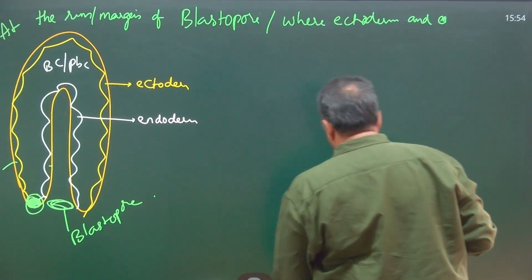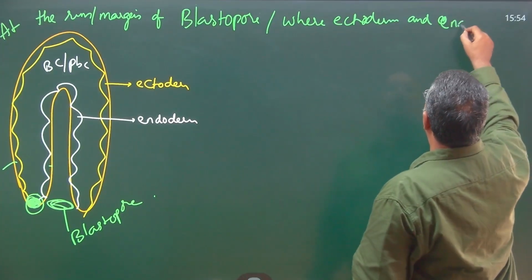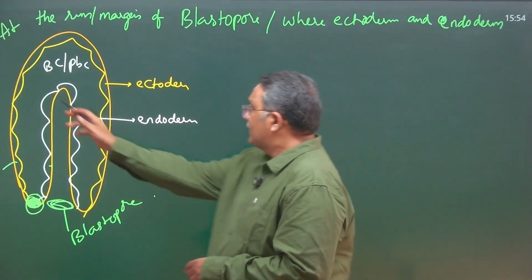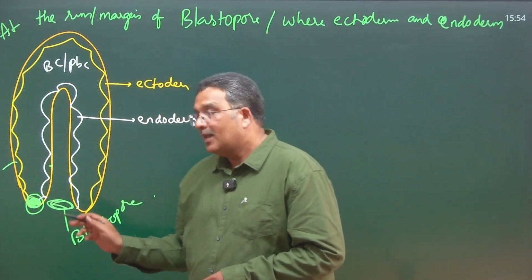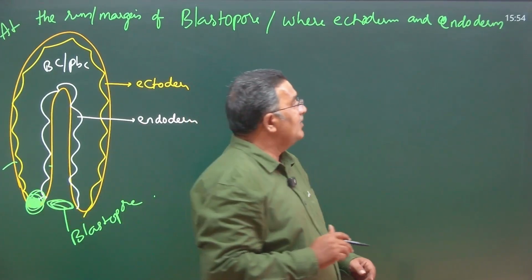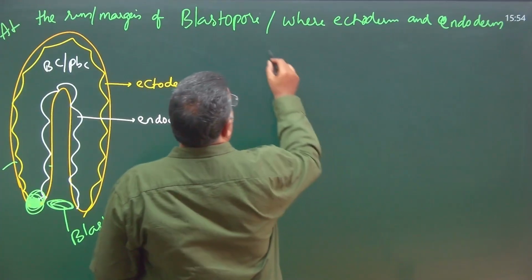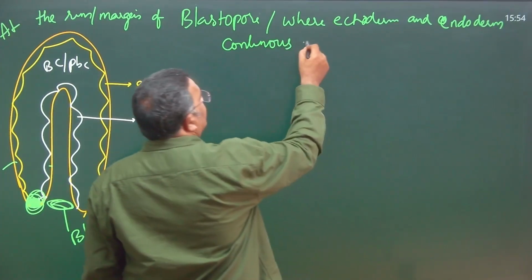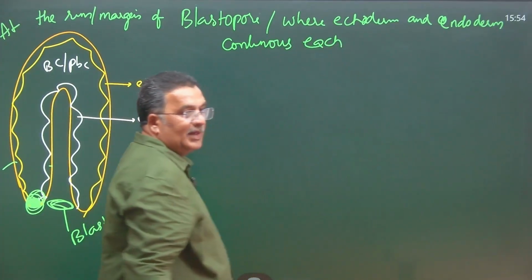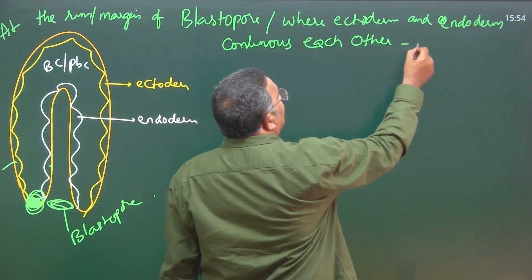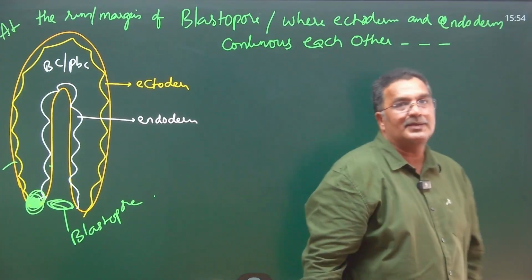In the body itself, we don't have such colors, just for your identification I am saying, where ectoderm and endoderm are continuous with each other, at the rim or margin of blastopore. This is the common line for all coming coeloms.